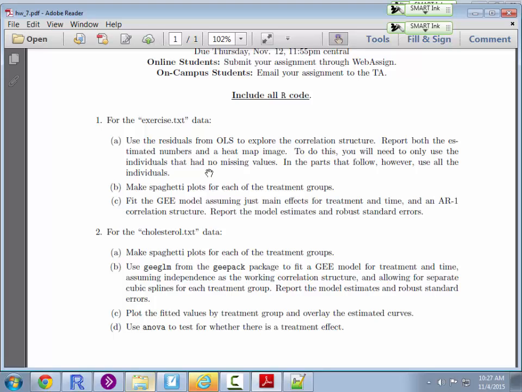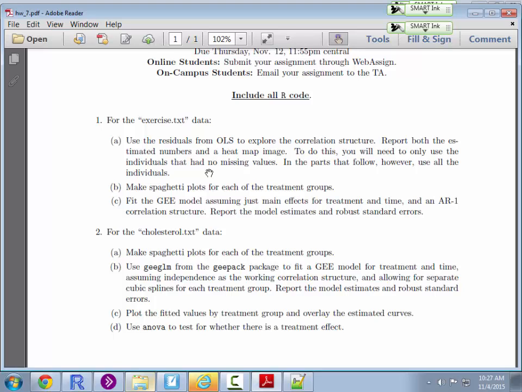That's the wrong model because it's not accounting for correlation. But we said in the notes that one way to explore the correlation structure is to take the residuals from that IID regression and compute correlations with them.